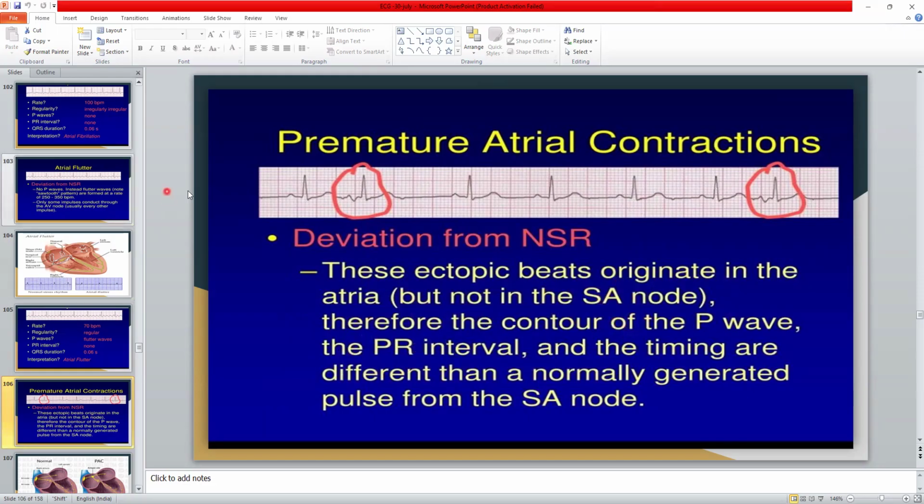Therefore, the contour of the P wave, this is the P wave, and the PR interval and the timing are different from a normally generated impulse from the SA node. This is the normally generated cardiac impulse from the SA node, whereas this is the PQRS complex originating from the atria other than the SA node.